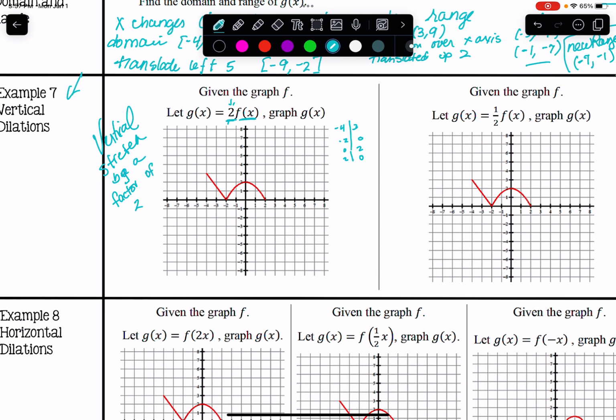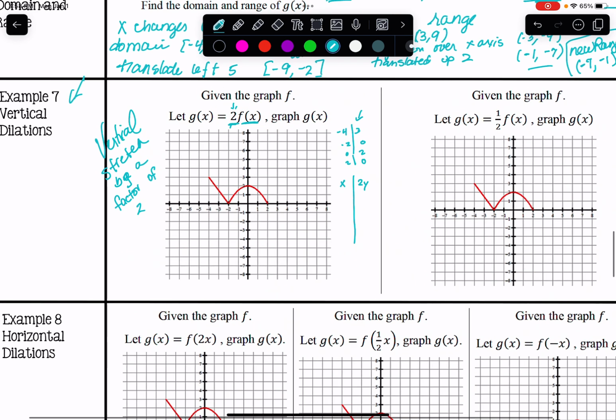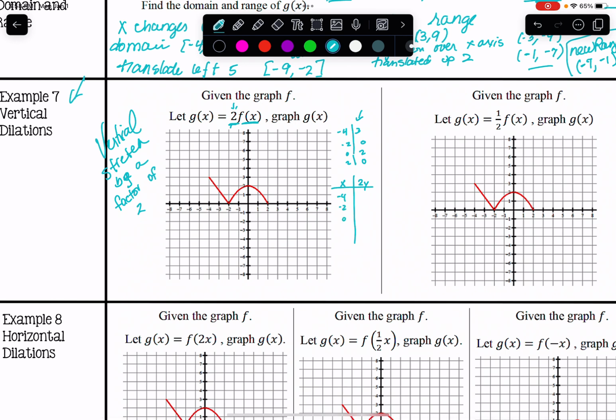Now, what I want to do is multiply just the y terms by 2. So I would have the same x and then 2y. I'm going to just change those numbers. It'd be -4, -2, 0, and 2. But then this would become 6, 0. I'm multiplying that by 2, so that's 4 and 0.